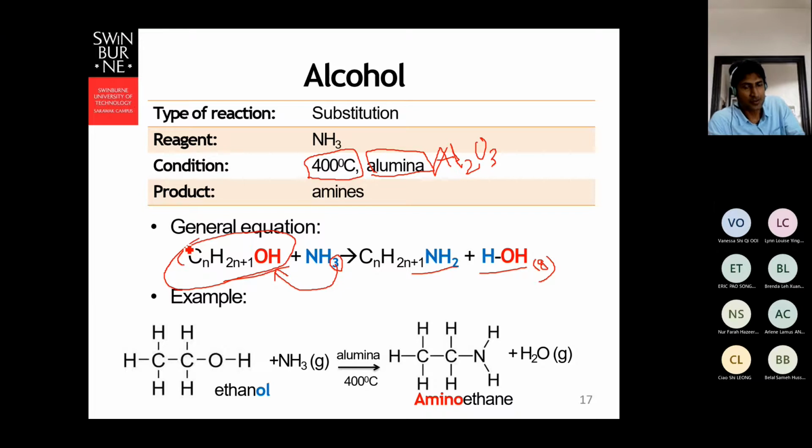They are prone to do some reaction, and that is why it needs 400 degrees centigrade and alumina for ammonia to react with alcohol. If you do not provide this temperature, the reaction is not going to happen. Simple as that. When the reaction occurs, the product is aminoethane, because this amine is coming to that, and this ethanol is from here.